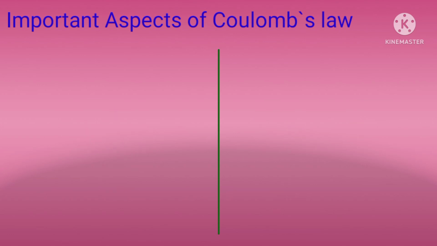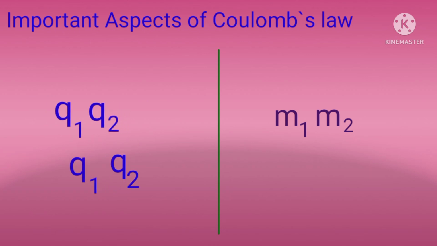But there are certain differences. The gravitational force between two masses is always attractive, but Coulomb force between two charges can be attractive or repulsive depending on the nature of the charges.